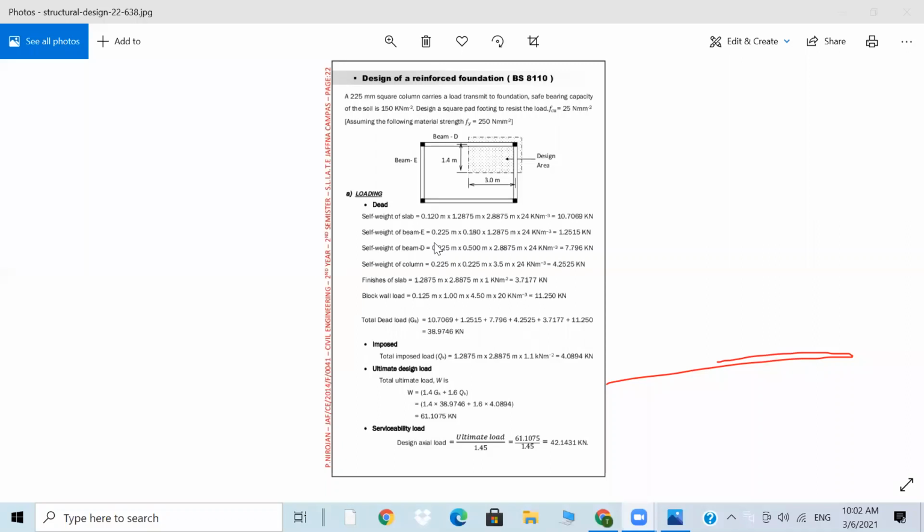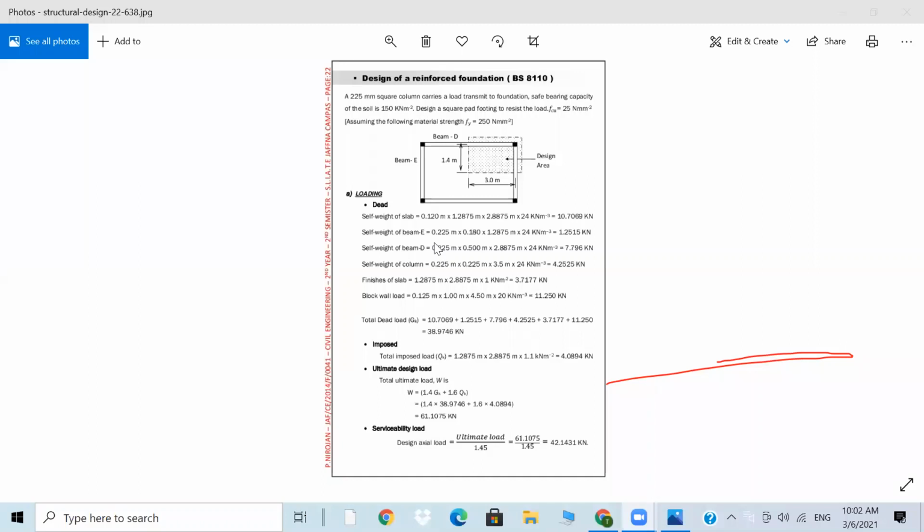It comes around 10.7 kilonewton, and also the weight of the beams. Once again, you can calculate it here: 0.225 meters times 0.120 times 1.2875. This is also multiplied by the density of the concrete, that will be coming 1.25 kilonewtons.